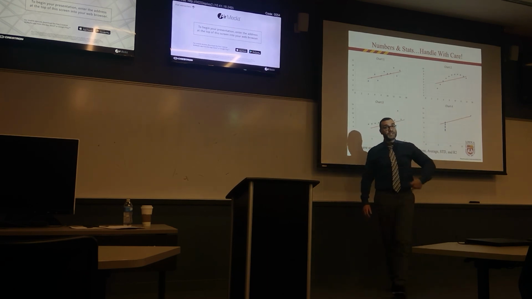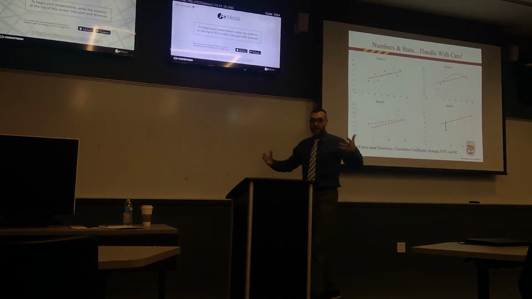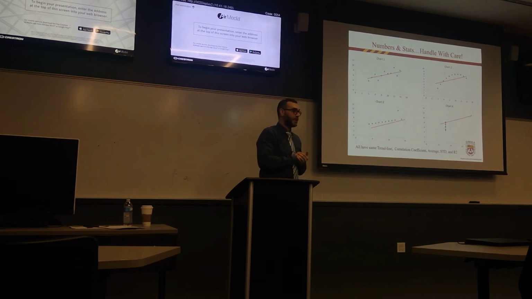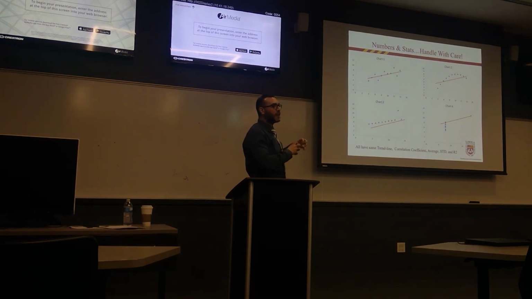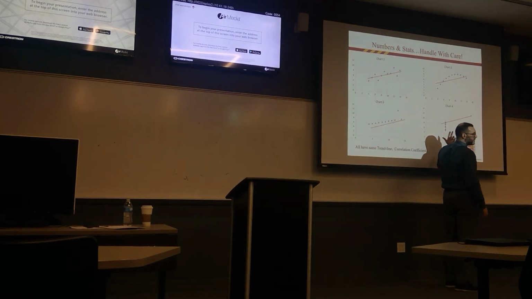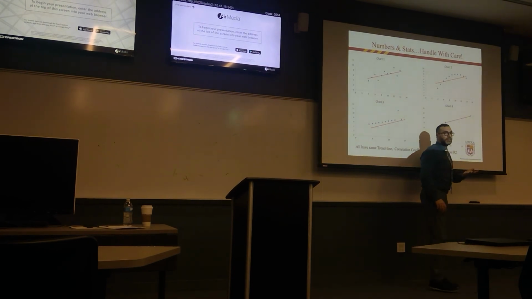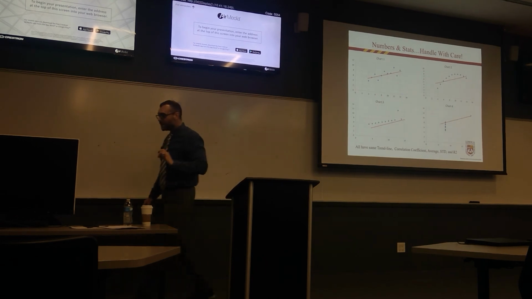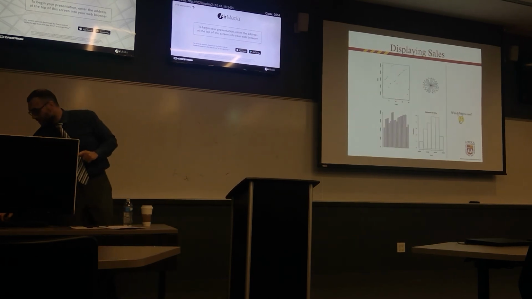So linear regression is not the answer for every relationship between two variables. That's why visualization is very important. You look at the data and you say, I think linear regression can be a good technique to represent the relationship. But if it looks like this, quickly you can say, this is too far from linear. Why am I using linear regression to represent this relationship? Just handle with care and visualize.